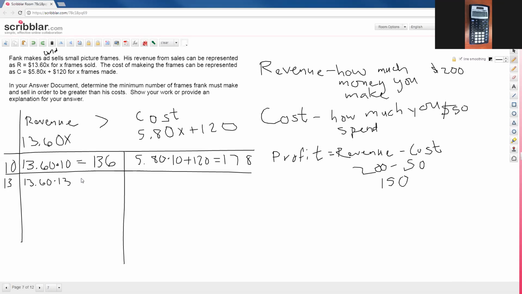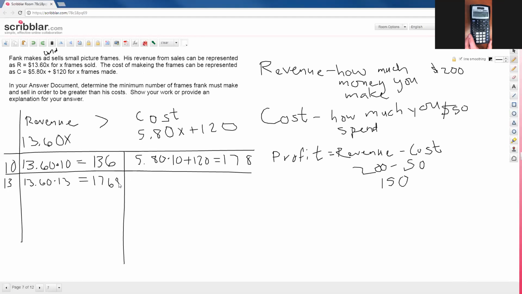So how much do we get for revenue when we use 13? $176.80. Just double check. That sounds right. But I need to type it in. Yep, 176.80. Good job, guys.